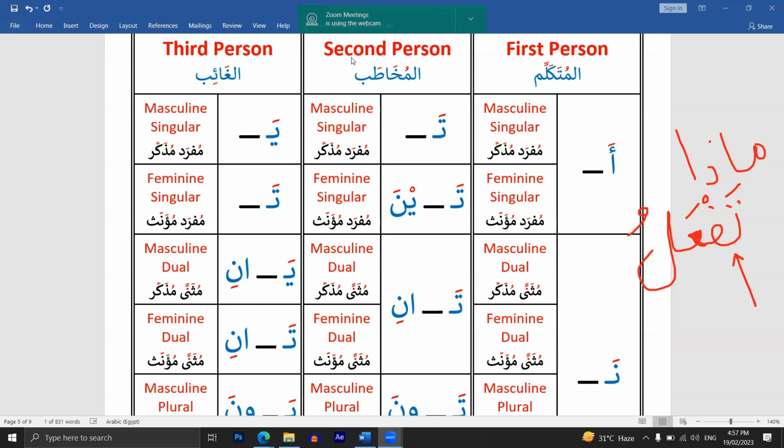Correct. But if I say أين فاطمة؟ ماذا تفعل؟ أين فاطمة؟ Where is Fatima? What is she doing? So in this case, she's absent. She's a third person. She's not included in the conversation. You have to know it only from the context.